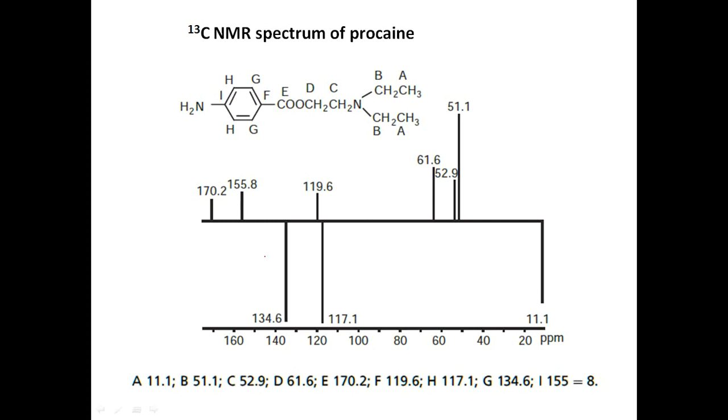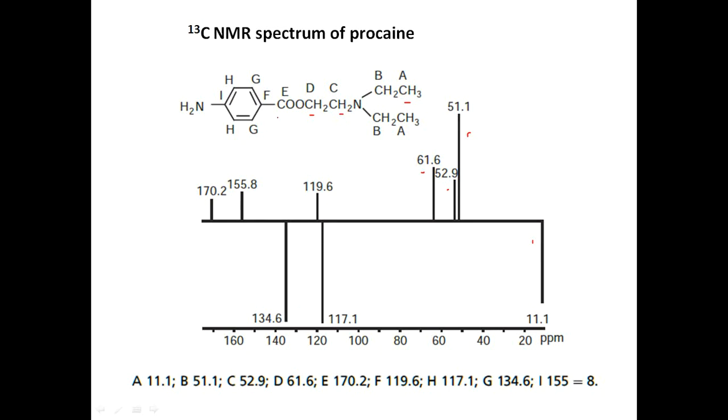You can see the A carbon is around 10 ppm. You get the methyl carbons here, that is seen here at 11.1. Then B around 51.1, right? Then the C carbon, 52.9. Then the D carbon, that is seen around 61.6, right?